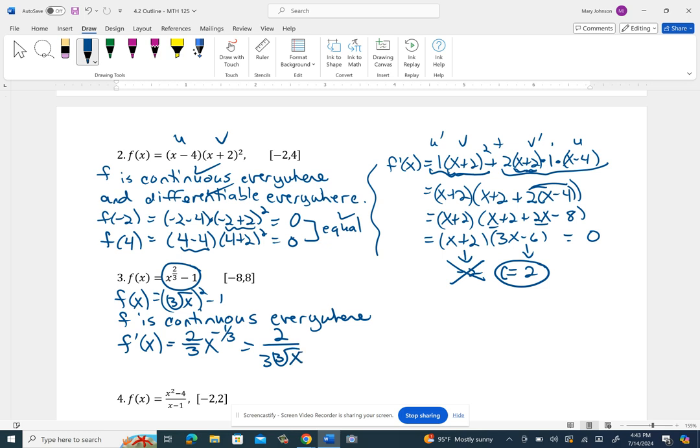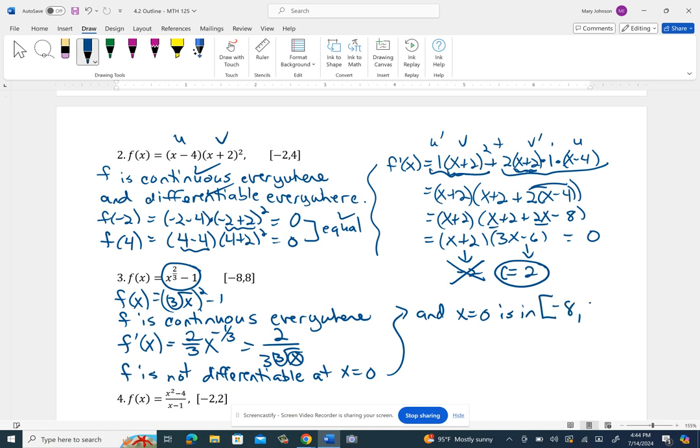And so I have a problem, don't I? f is not differentiable at x equals 0. Okay, and x equals 0 is in the interval we're talking about. So Rolle's doesn't apply.